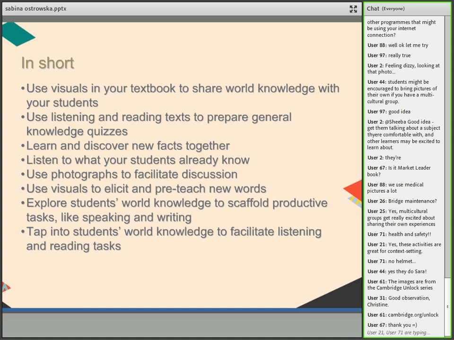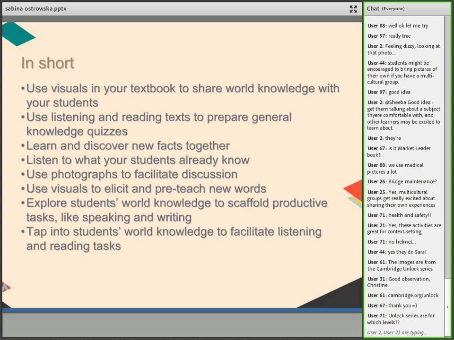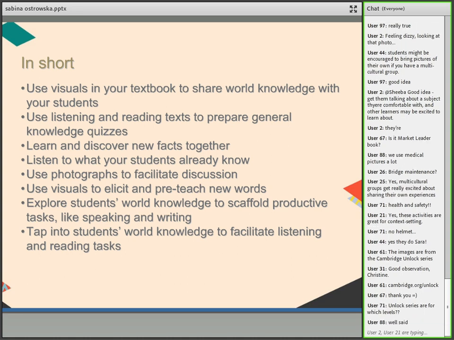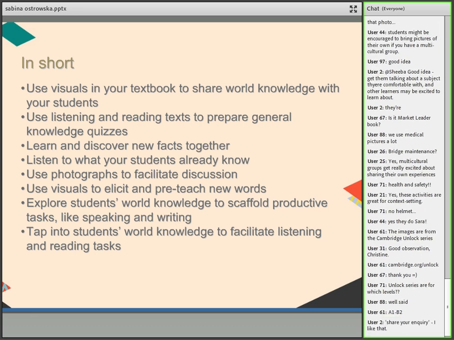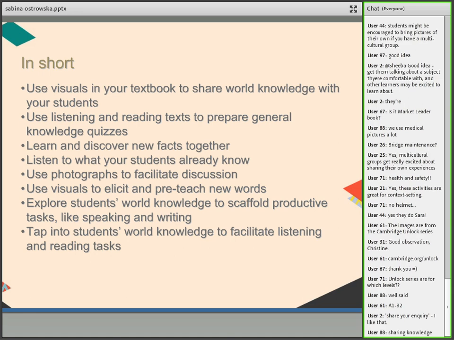If you yourself see a photograph in a book and you're interested to know more about it, you can take a little detour from your lesson and do a little Google search and find out about it. Make sure you get as much as you can from the students. So instead of lecturing, make sure they have a chance to say what they know already.